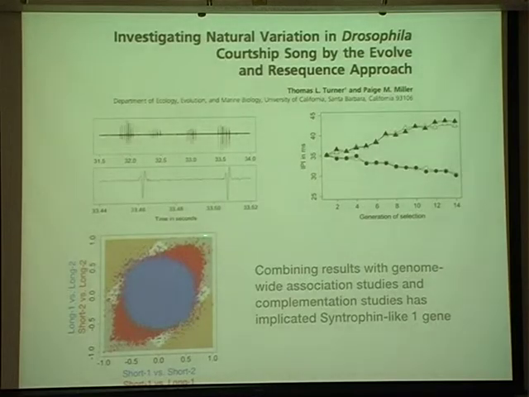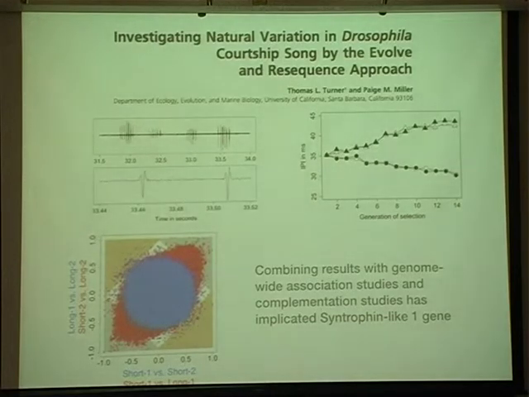So locations here where the same allele increased in both replicate short versus long lines, or ones over at this corner, are good candidates for being QTL for this trait.